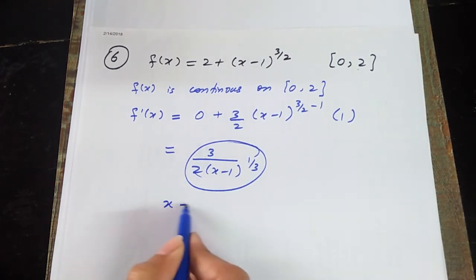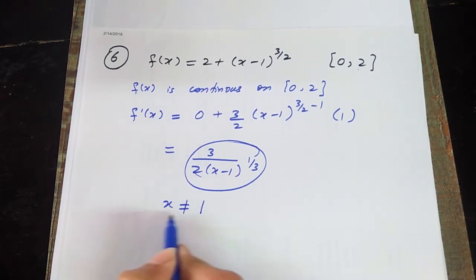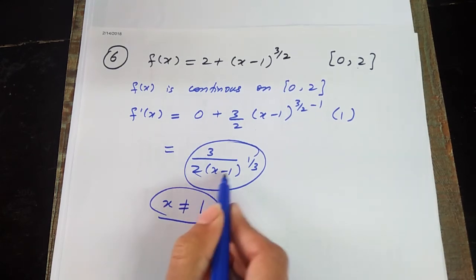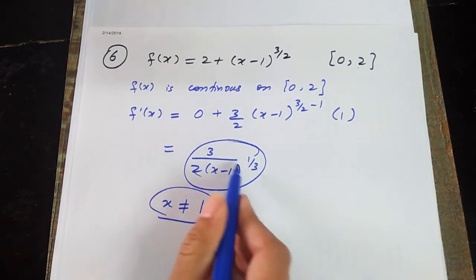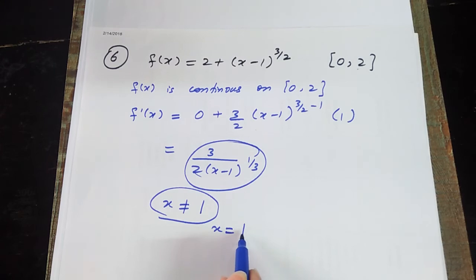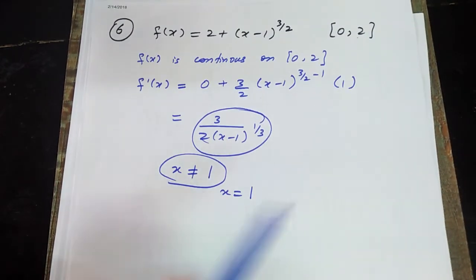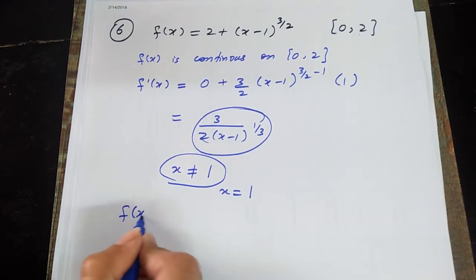So x cannot be equal to 1. If we have x equals to 1, this x makes the function undefined, and this x equals to 1 is included in this interval. It means our function is not differentiable.